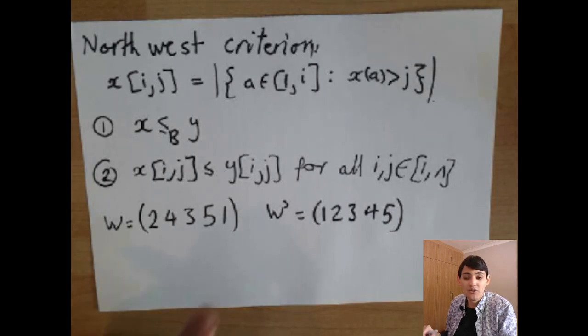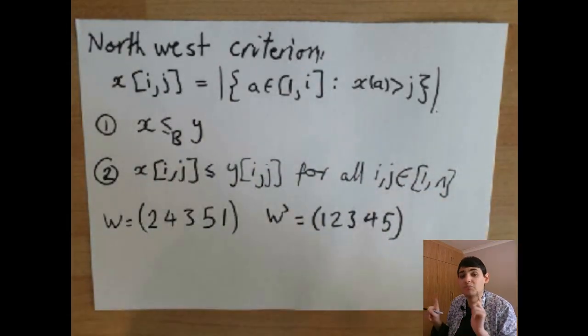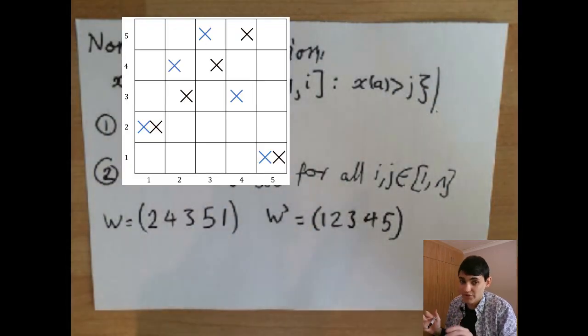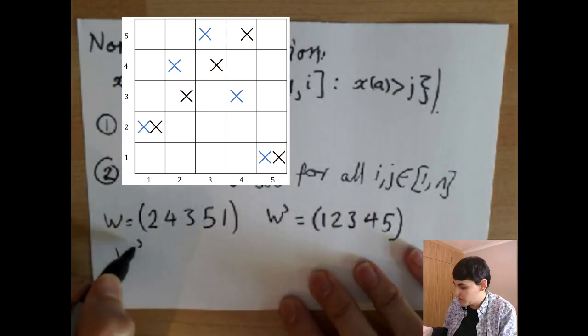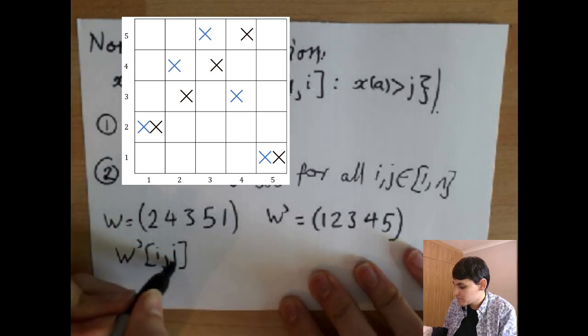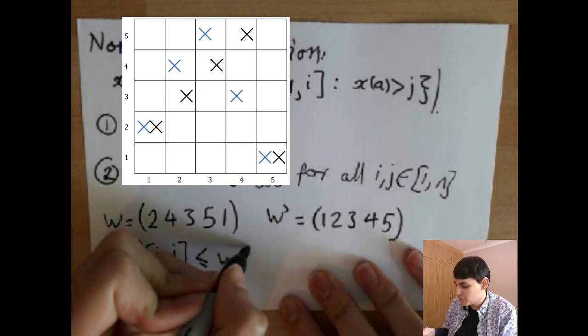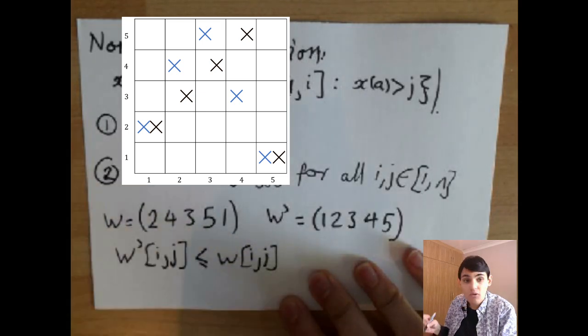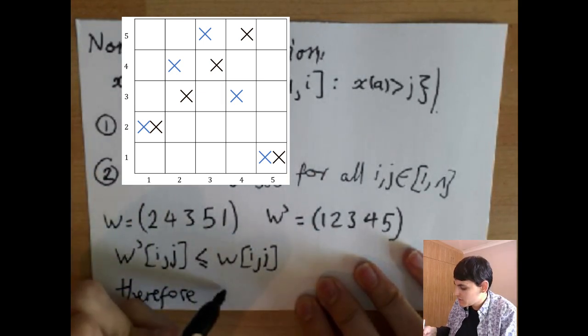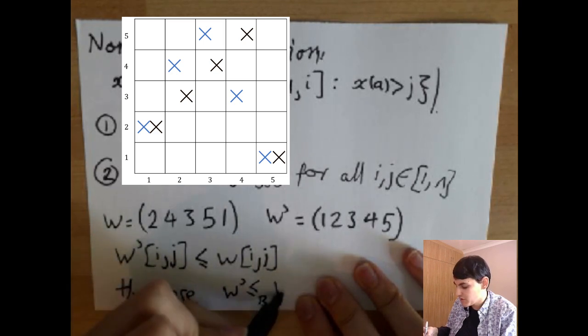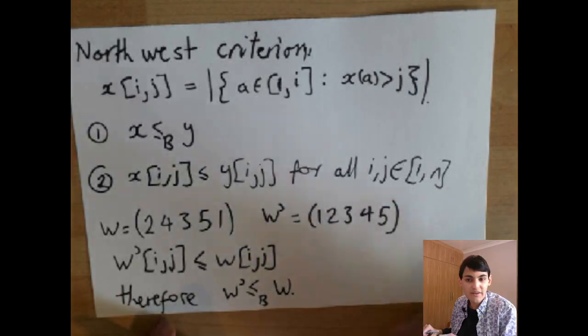If we use the Northwest criterion, which I will put up on the screen now because I don't want to draw this graph myself, then for i and j between 1 and 5, we get that w prime of ij is less than or equal to w of ij for all i and j, and therefore w prime is less than or equal in the Bruhat sense to w.